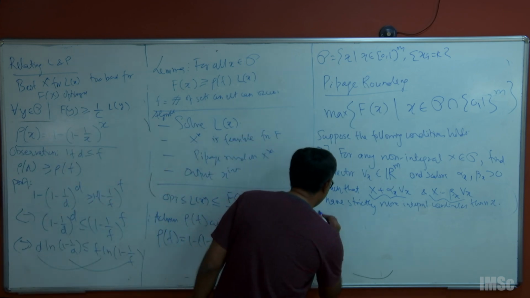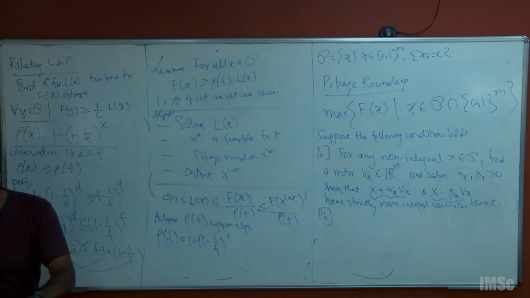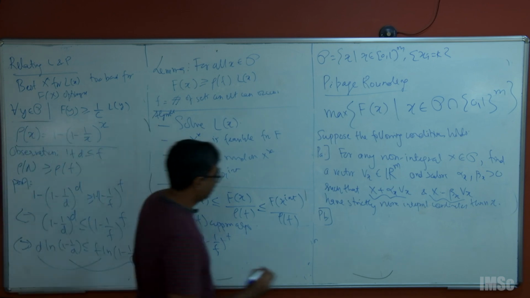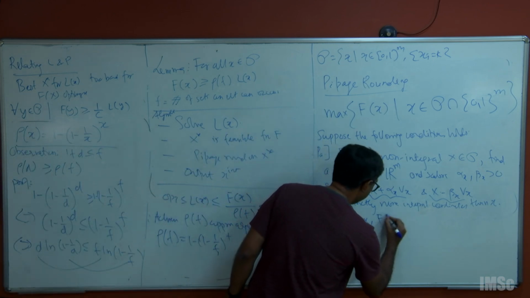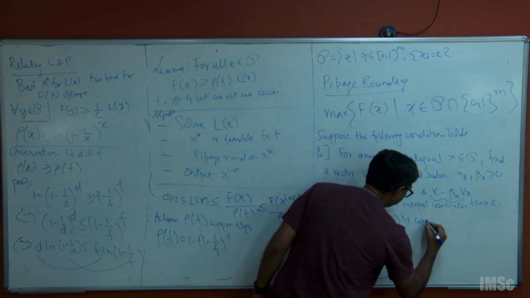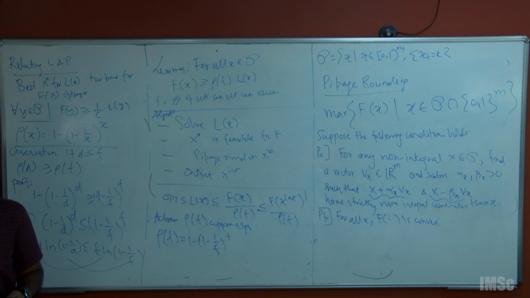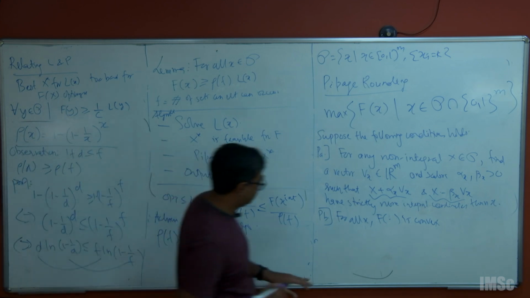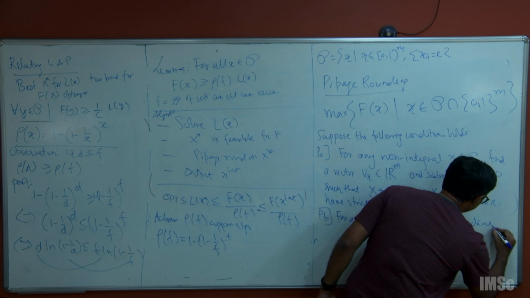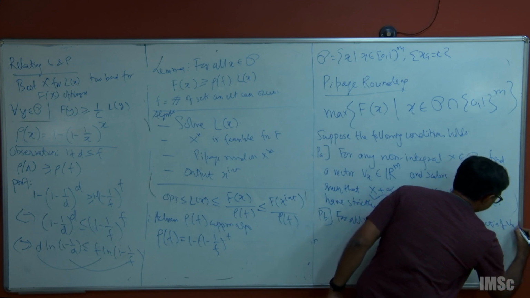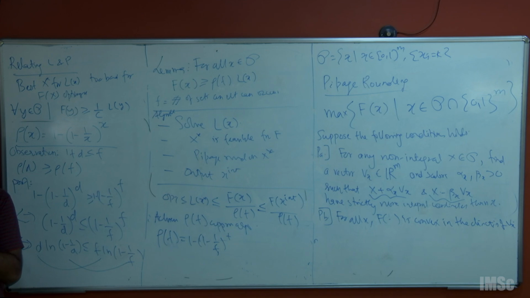And property 2 is about convexity. It says that for all x, f is convex in the direction of Vx. Since this is not very precise, for people who know, they understand this.